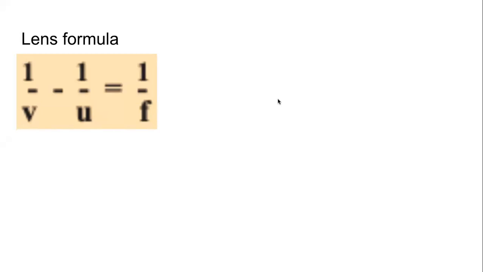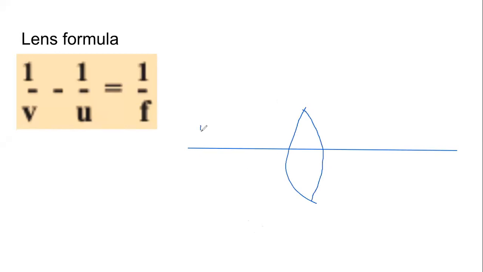Now let us see how this works. We will take a very simple case so that we are able to understand what is happening. How is this formula working? Imagine the simple case which is also a question in the exercise: in a convex lens, where do we put the object so that an image of the same size is formed?